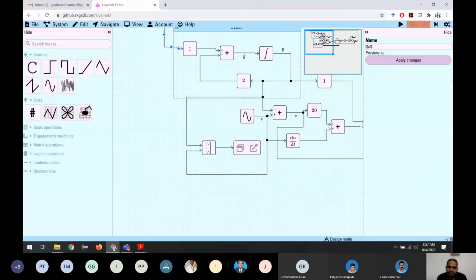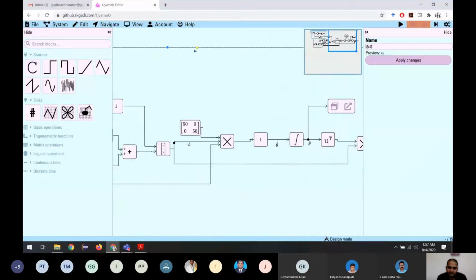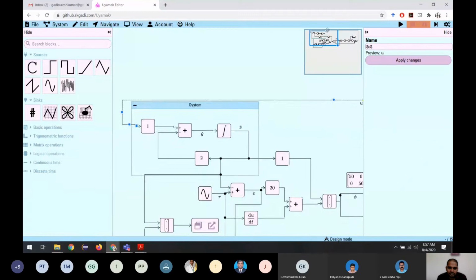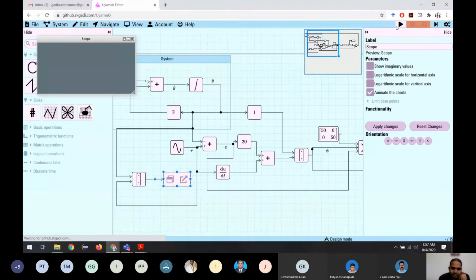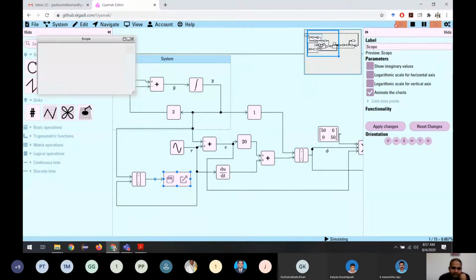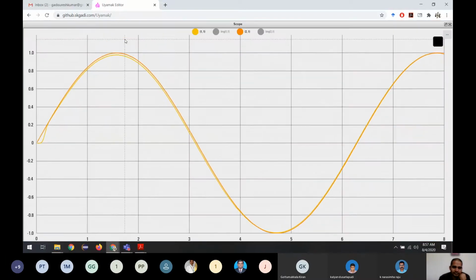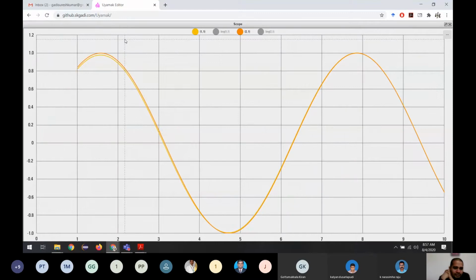Okay, so let us run this and see the outputs for ourselves. Where is the output? The output is here. Here is the output and here is the reference. We are joining both here in a matrix and plotting it. So if we run this, we will see the reference and the output.